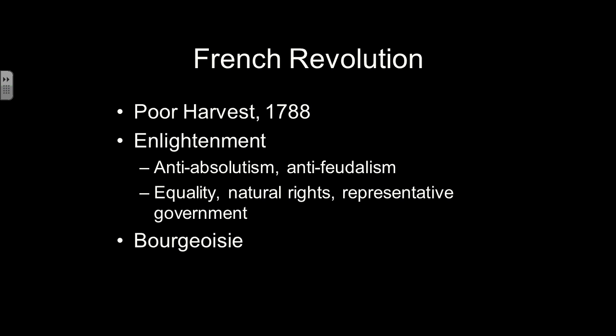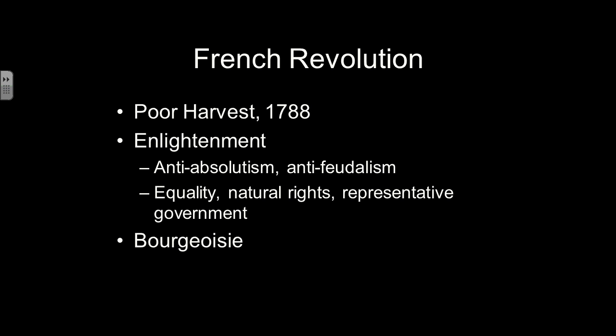This was slowly dying out, but it was still there. And so anti-feudalism means a belief in the equality of all people to freedom, the end of slavery, or slavery by another name. And basically all of these ideas had filtered down through the Enlightenment. Equality, natural rights, representative government, and so on and so on and so on.